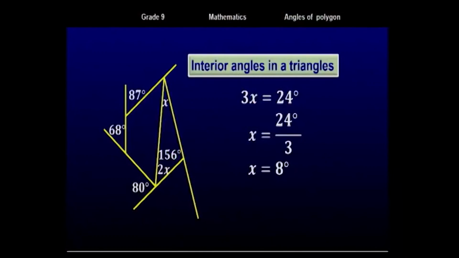Then you can find the value of 2x. What is the value of 2x? Now you know the value of x. Then how to obtain 2x? Multiply by 2. 2x is equal to 16 degrees. Now we did two questions.